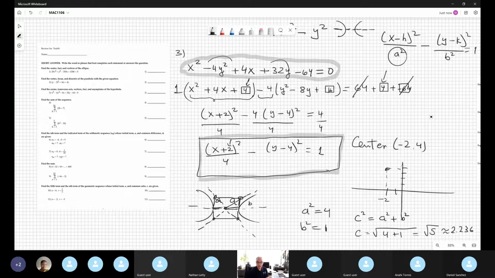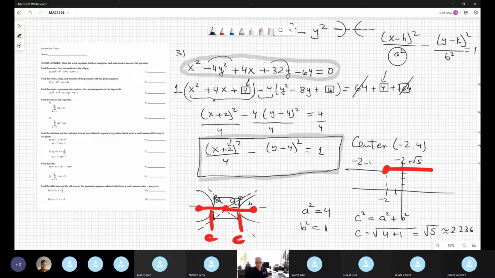236. And this distance, the focal distance, is the distance from the center here. This is one focus, and this is another focus. This distance is C, and this distance is also C. Basically, from this point you're adding radical 5. So actually, it would be minus 2 plus radical 5.